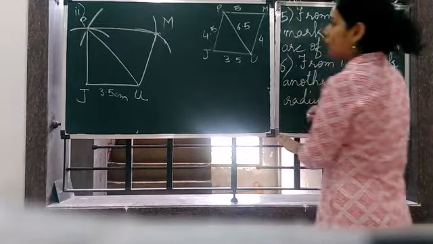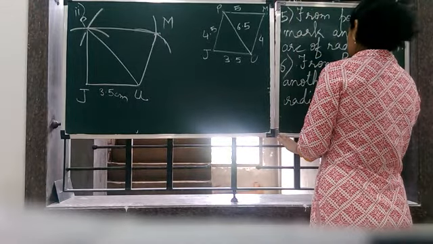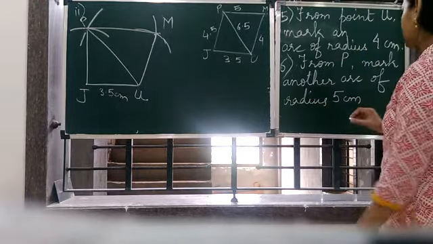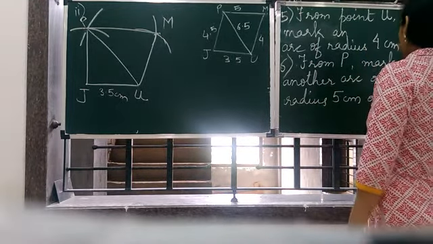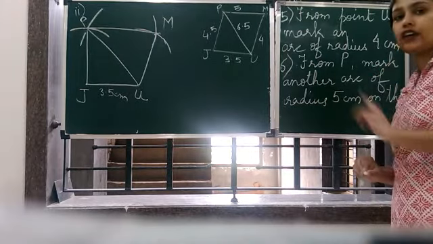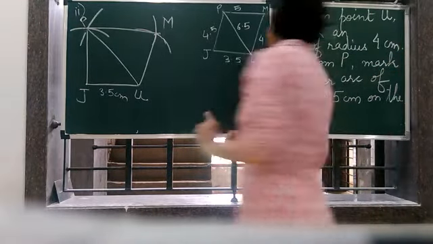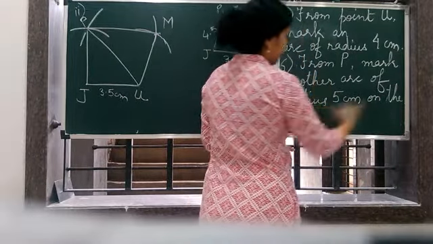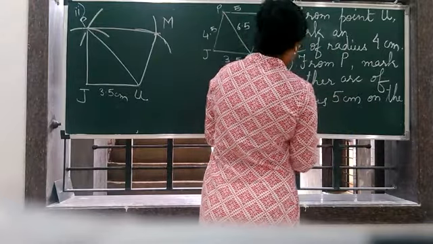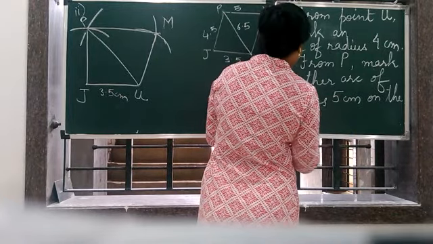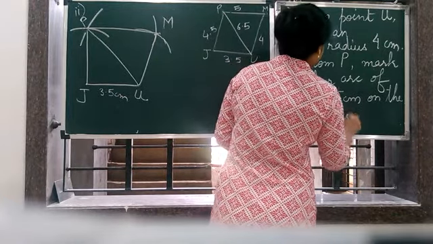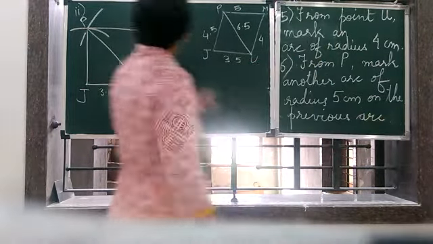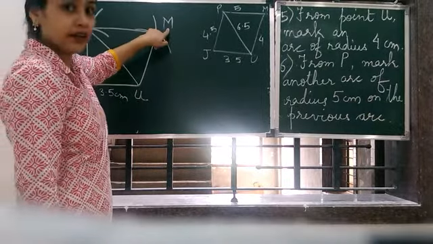We took the radius of 5 centimeters, on the previous arc. What did we do? On the old arc we made another new arc, of radius 5 centimeters. From where did we make it? From P. On the previous arc. Yes, and what did we call the point of intersection? N.